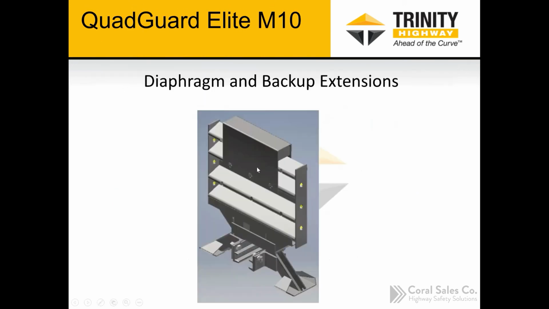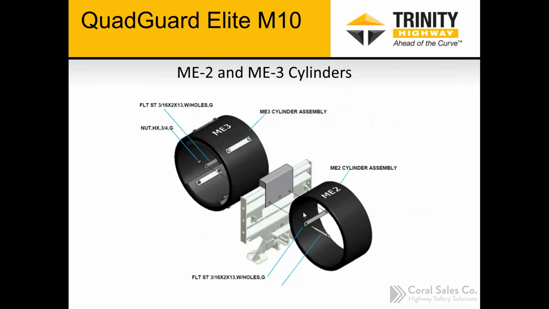So again, here you can see what we call a diaphragm and backup extension. That just ensures that that cylinder interacts with the diaphragm better and absorbs as much energy as possible. So here you can see how two cylinders are installed together.